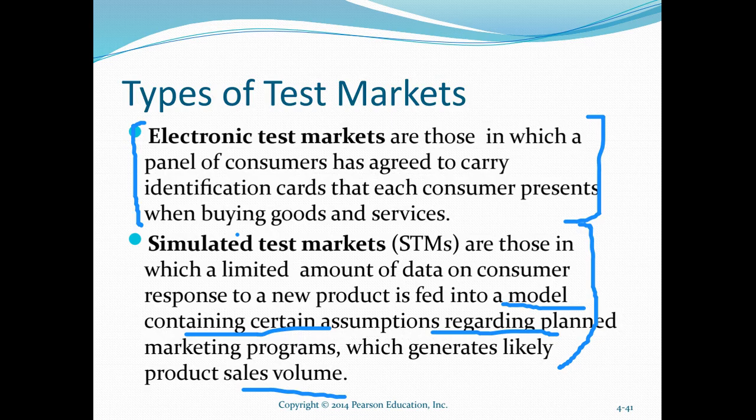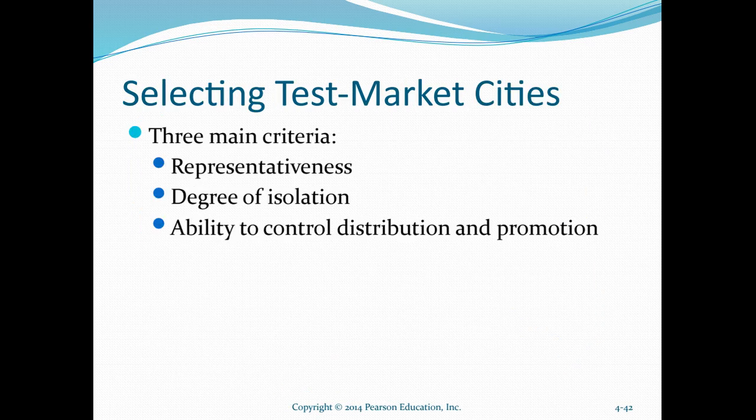You can select test market cities. If you have developed a new product, you should have a three-criteria set for the city that you are going to choose to test the product before you actually launch it. So you can pick and choose some cities.